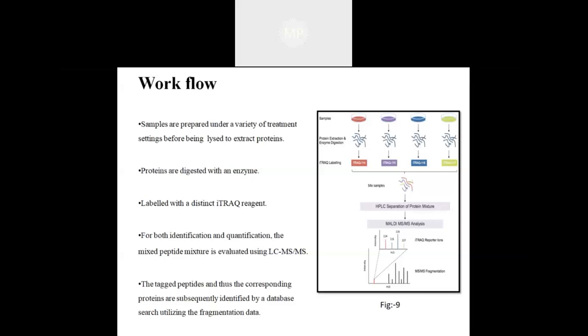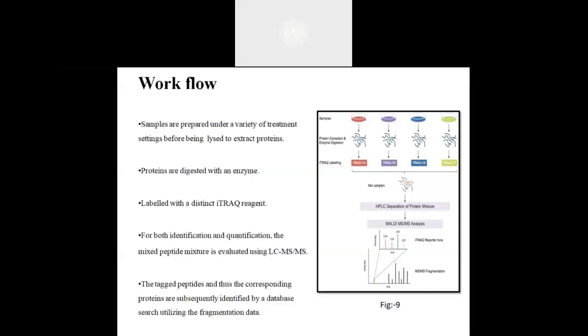After the peptide digestion, each sample is labeled with a distinct iTRAQ reagent, like 4-plex or 8-plex reagent, before being mixed into a single sample mixture. After that, for both identification and quantification, the mixed peptide mixture is evaluated using LC-MS.